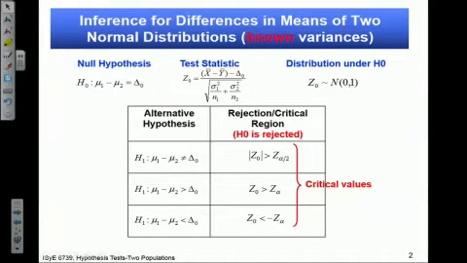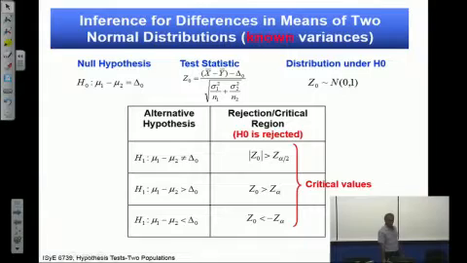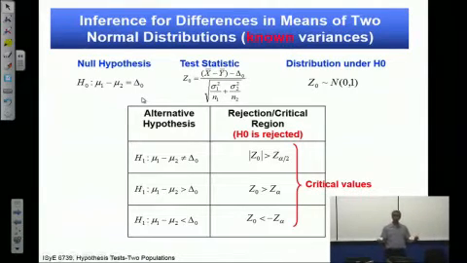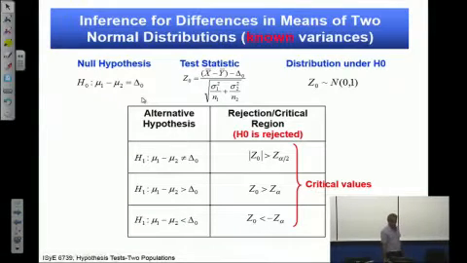So in general, what we want to test is whether the difference between means of two normal populations is delta 0 or not. And the most common delta 0 is what? 0. Whether they are equal or they are not equal.